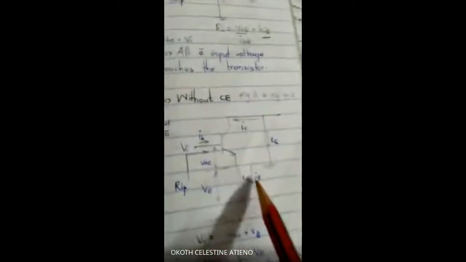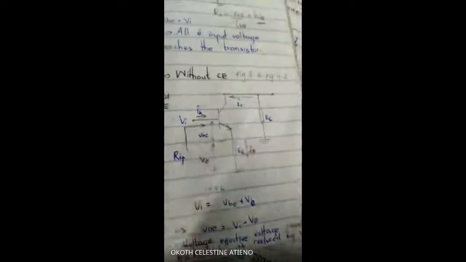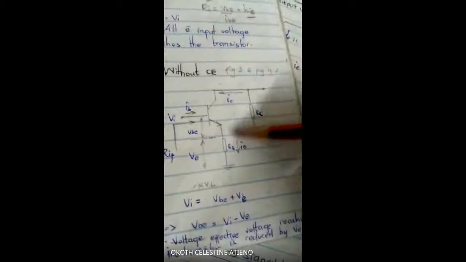Now, without this capacitor, if the capacitor is not there, then we'll have RE here. Which means our V in will be VB plus the voltage drop here, so VB plus VE, and VE is IE RE.